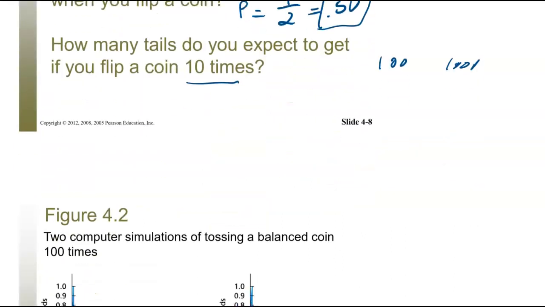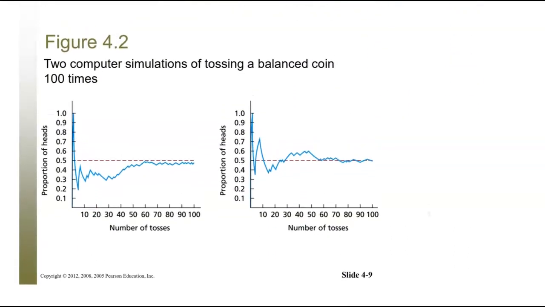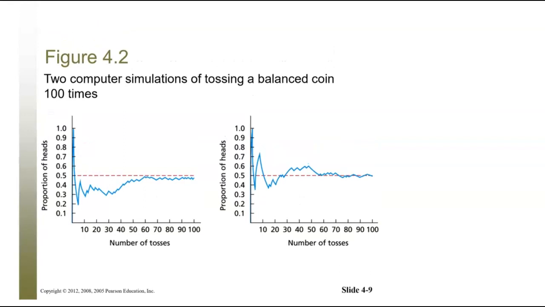Okay, so here's a little simulation. This is the proportion of heads, same idea, it's still going to be 0.5. So the first time you flip a coin, you either got the heads or you didn't. In this simulation, the first time they flipped it, they actually got it, so it was a 1.